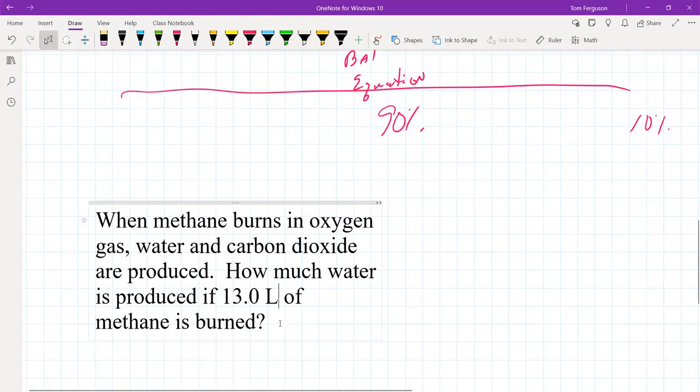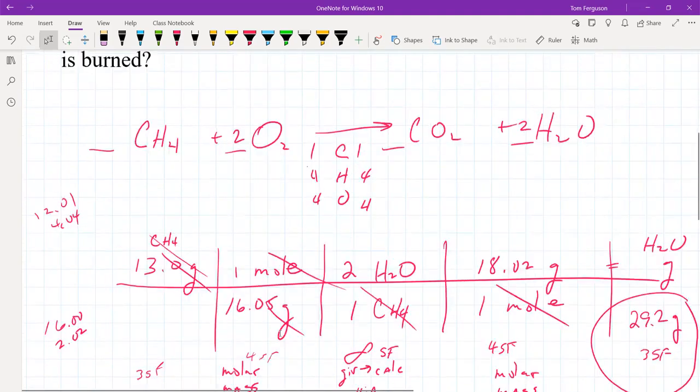Okay, so how many grams of water is produced if 13 liters of methane is burned? It's going to be the same equation, so we're going to use the same balanced equation right here.